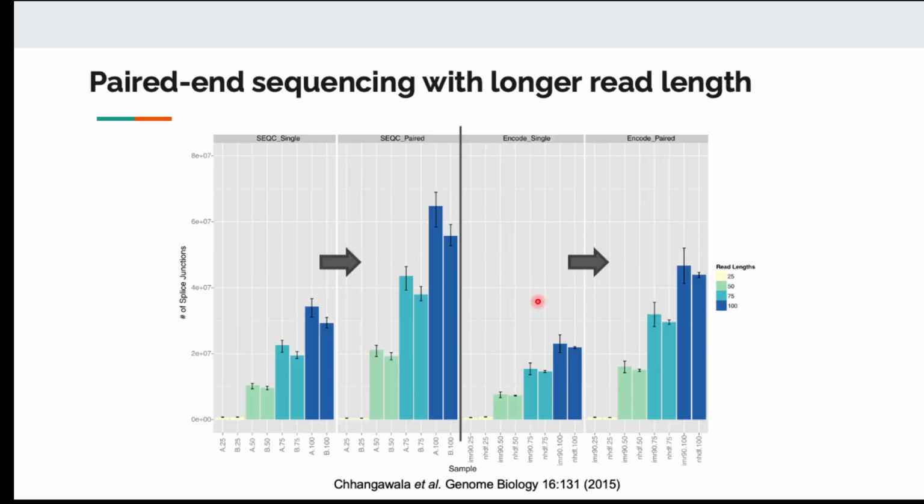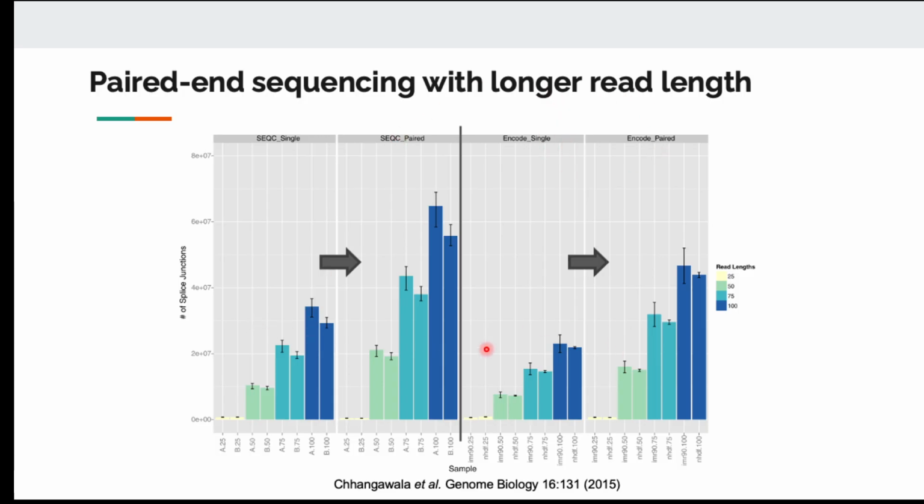Just to show you, this is from 10 years ago, when people were still deciding what kind of sequencing strategy is good for isoform detection. In this analysis, they tried changing the read length from 25 to 100. They also tried single-end versus paired-end. So these are two samples, one single-end, one paired-end, and another sample single-end and paired-end.